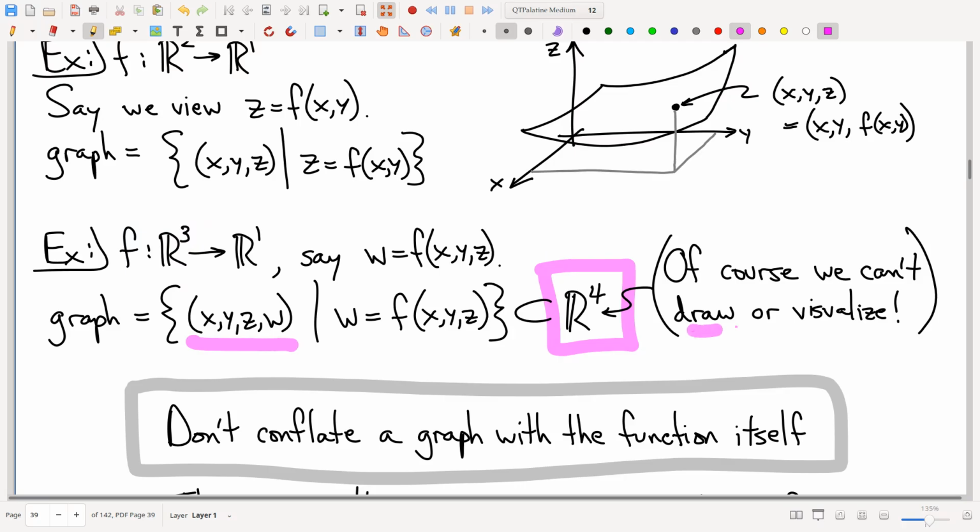You can't even dream about visualizing or drawing such a thing. And so the graph construction is useless in that context. If you have 3 input variables, the graph is basically an inaccessible concept. So we run out of business pretty quickly there. We're going to need other tools to be able to talk about such functions.